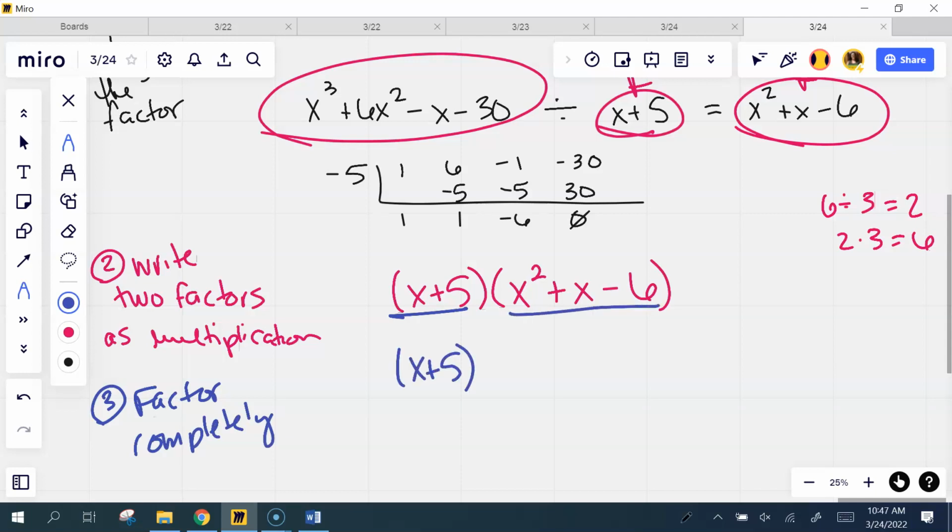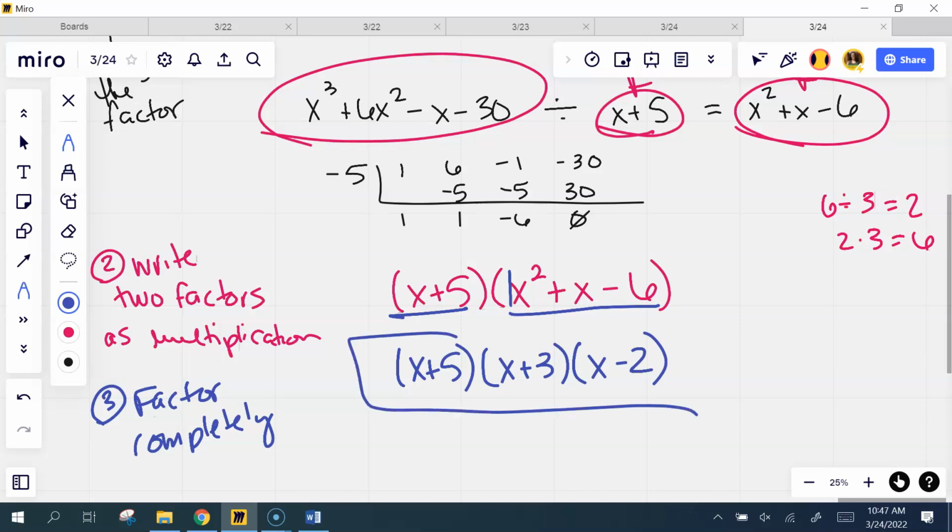But how about this? That's exactly right. It's a shortcut. You can break it up into 3 and negative 2. Is it now factored completely? Yes. That is factored form. Okay, so that's your first blank, factored form.